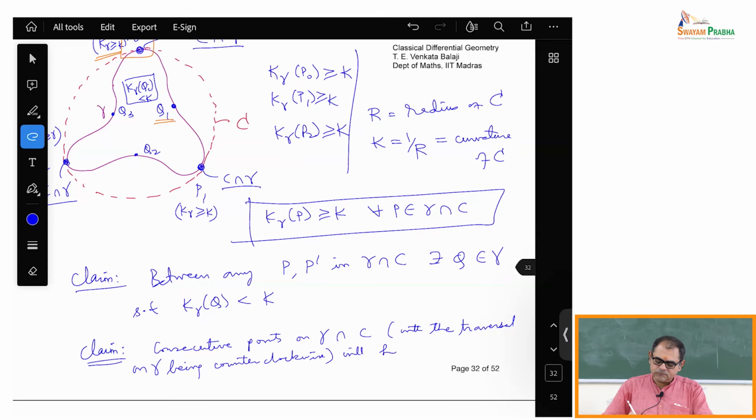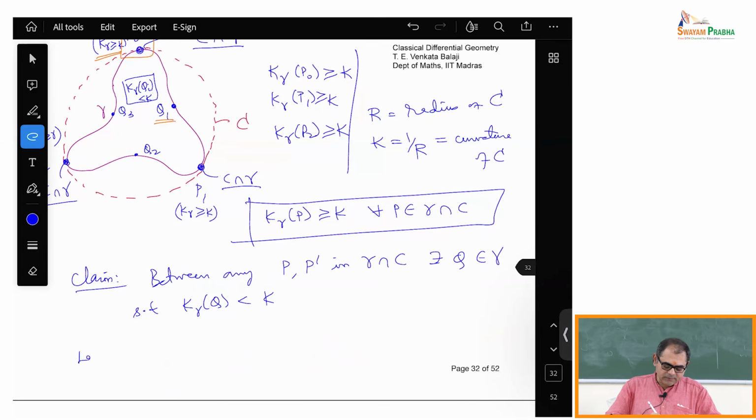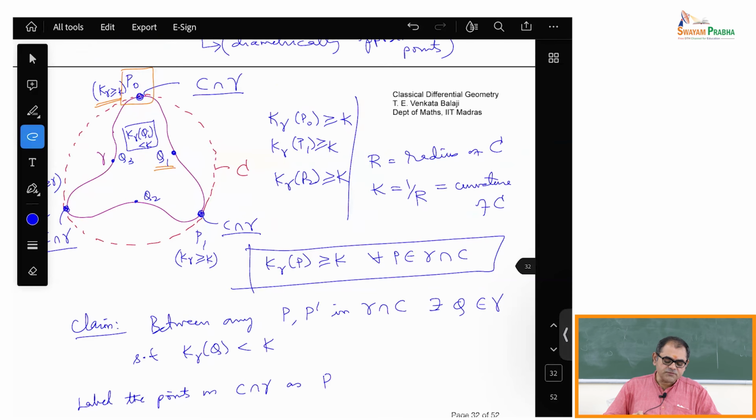will have vertices in between them, okay. So I have to label the points on C intersection gamma as P0, P1. So let me just start with P1 itself as P. I hope I have used P0, is it?